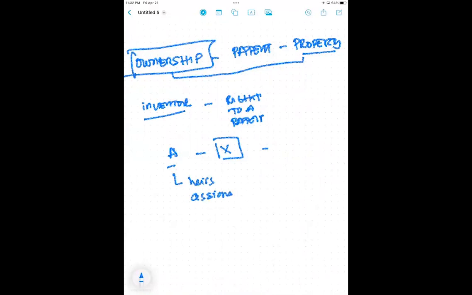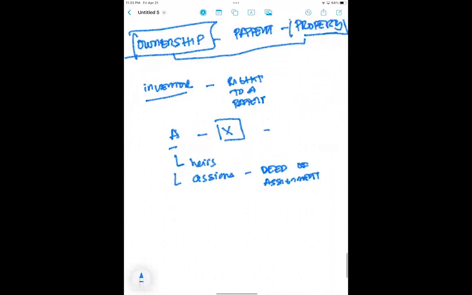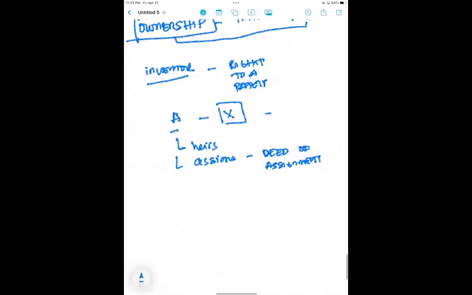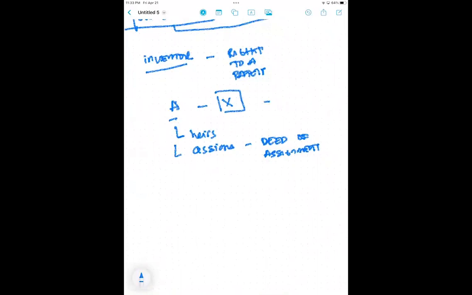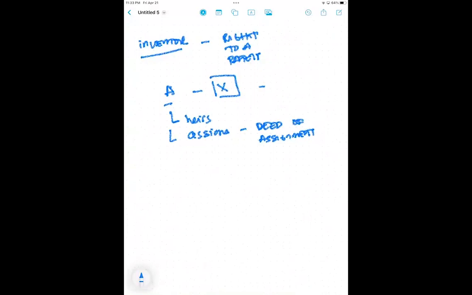So in short, because property nga ito ni A, pwede niya itong ipamana sa kanyang mga heirs. Pwede rin namang i-assign by virtue of a deed of assignment. Okay? So, that is the general rule. We mentioned about the first to file rule.